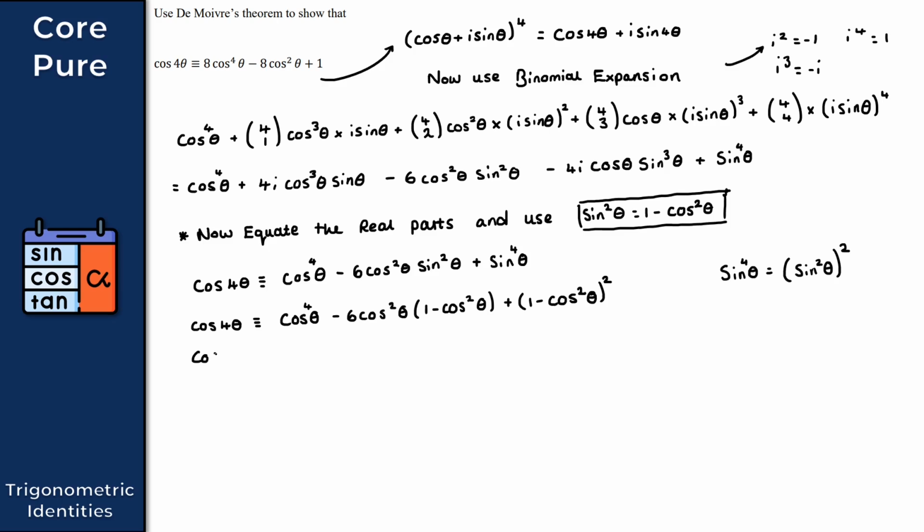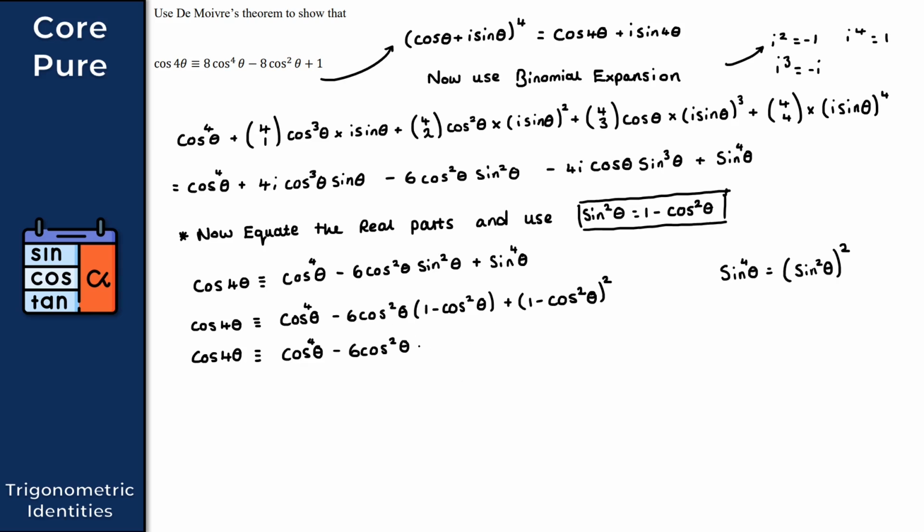So cos 4 theta is identical to, we can't do anything with this at this point, cos theta to the 4. I've then got -6 cos squared theta times 1, so we get -6 cos squared theta. I've then got -6 cos squared theta times minus cos squared theta. So just be careful of your signs here.